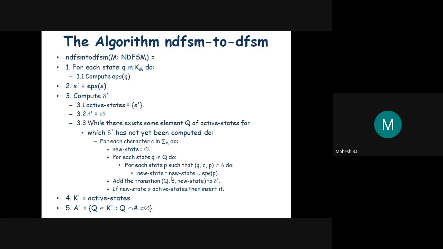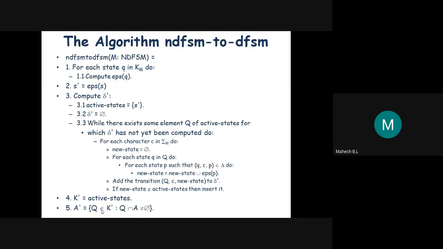So like this, you are going to convert NDFSM to DFSM. We already discussed this; if you consider this algorithm and one problem, you'll understand it clearly. K dash is the set of active states, and A dash is the set of accepting states. You know that in DFSM, every state is a set. So in one state, there may be multiple elements.